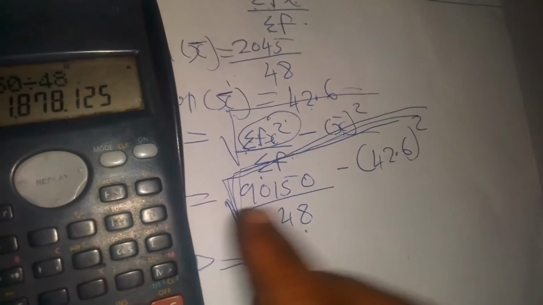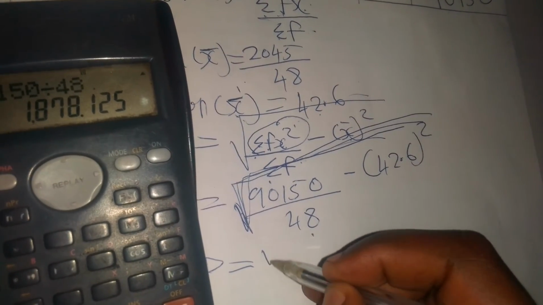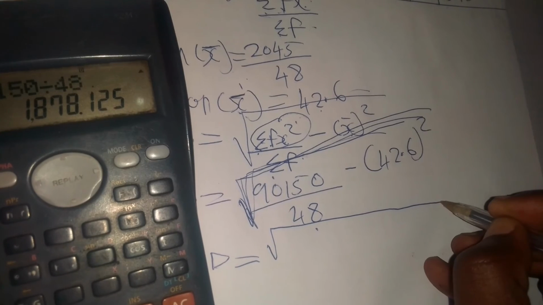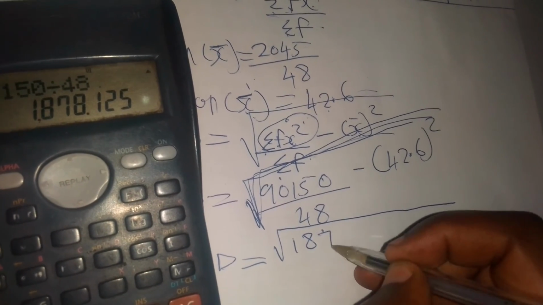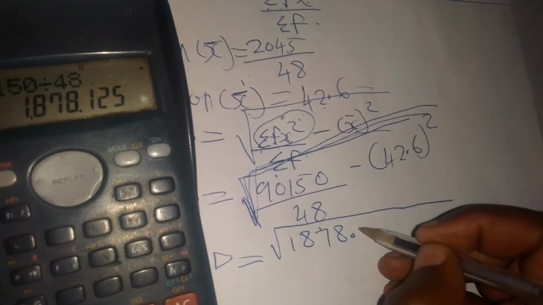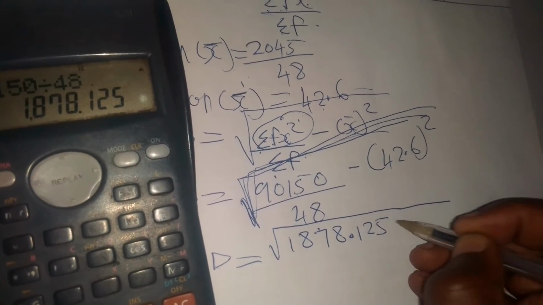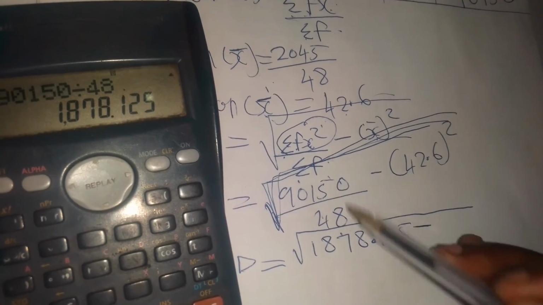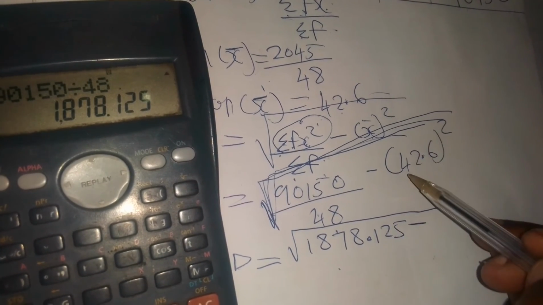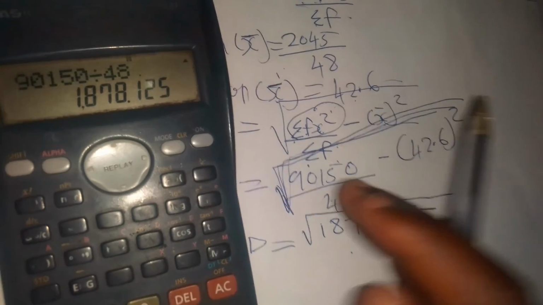You get the whole number the way it is, under the square root. That is 1878, the whole number the way it is without changing anything. I've just divided 48 into this number. Then we have minus 42.6.